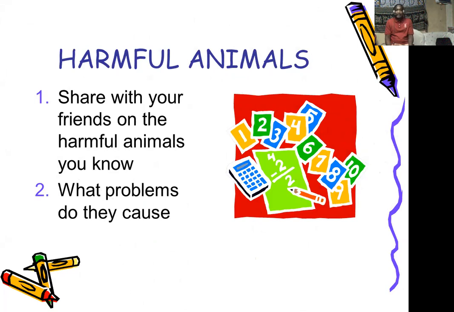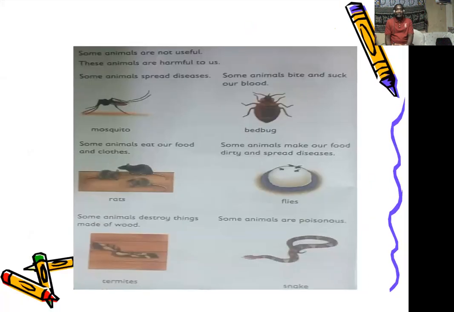We have the bed bug, which is known in Somali as dekelo, a small animal which lives under the bed, and it is very disturbing. So number one, some animals are not useful.